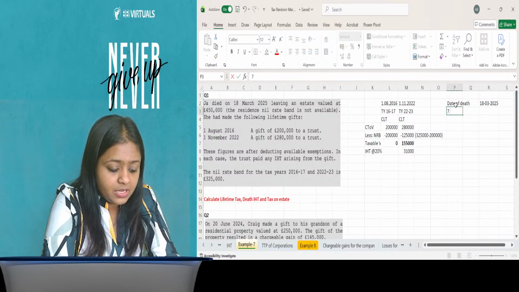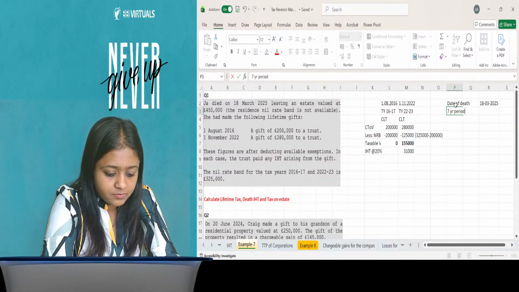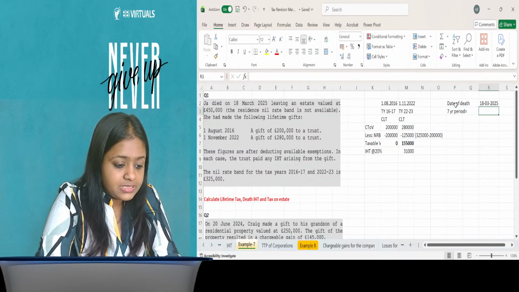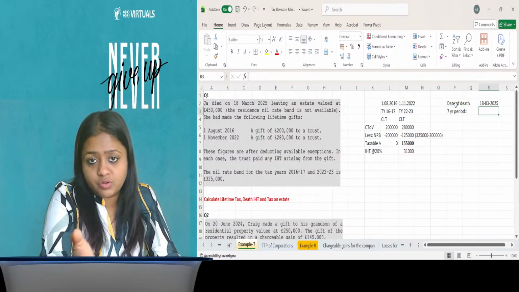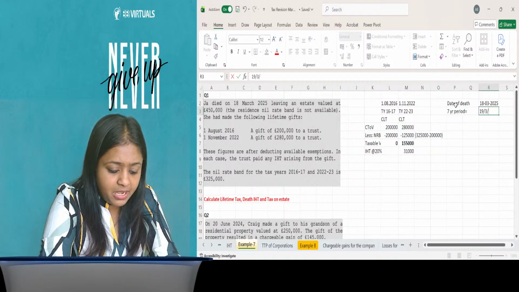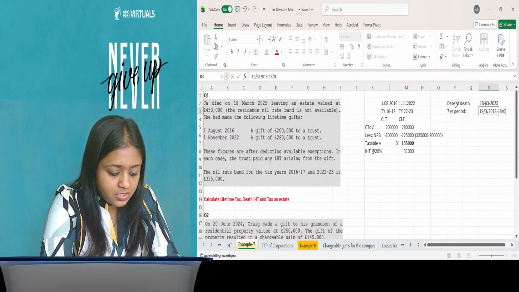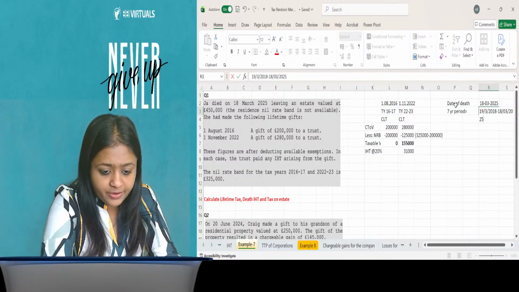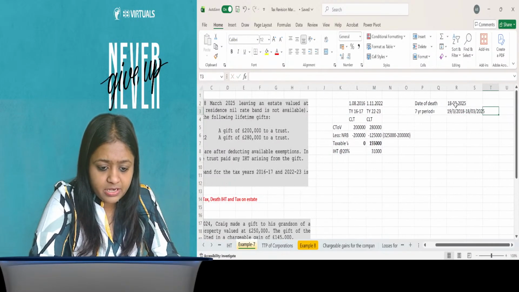The 7-year period is available from, reducing 7 years, 2018. That means 19th March 2018 till 18th March 2025. This is the 7 years, right?